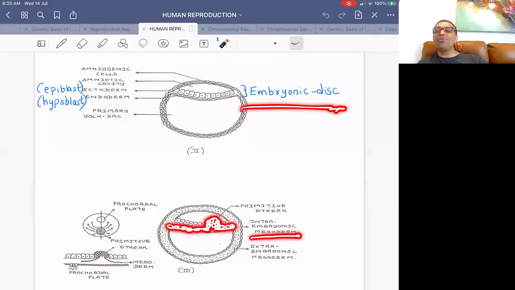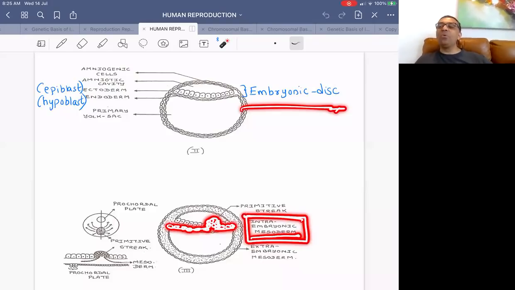So this mesoderm is the actual mesoderm, which is called the intra-embryonic mesoderm. It will form the future parts of the fetus.